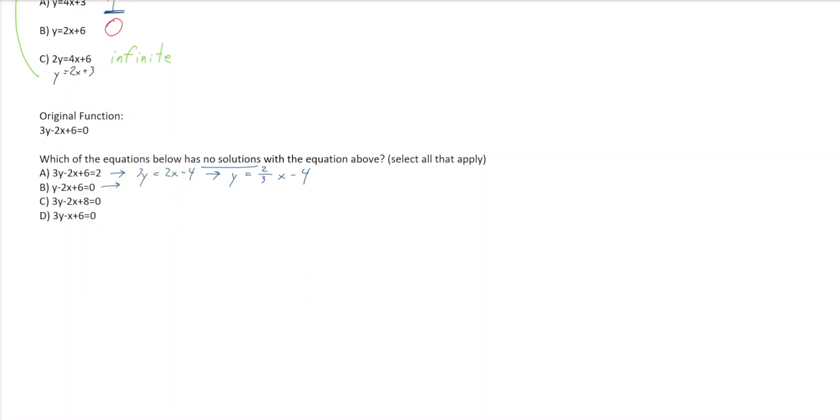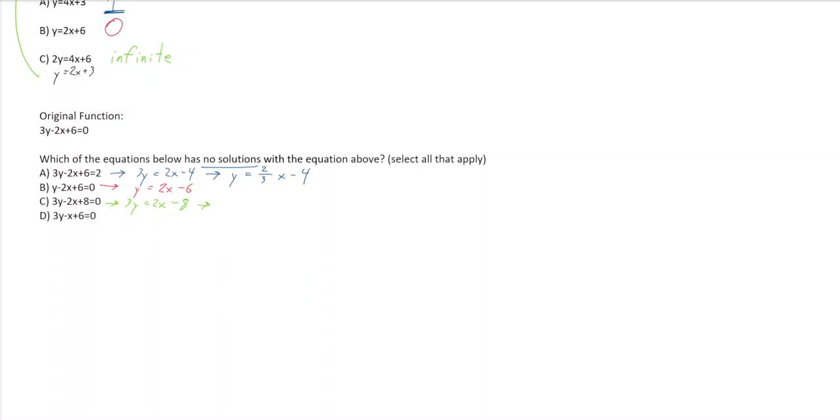Now I'm going to look at the next one here. Actually, I'm going to choose a different color. So it's going to be y equals, and this one's going to be easier, 2x minus 6. And there's nothing more we can do there. The next one is going to be 3y equals 2x minus 8.